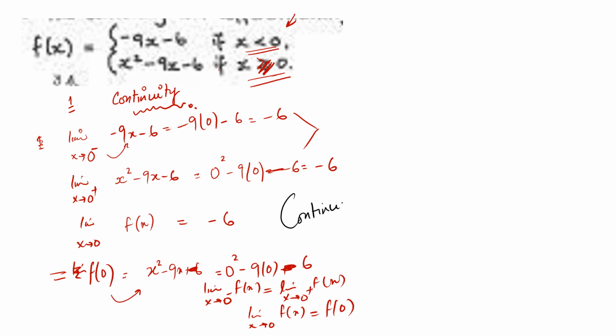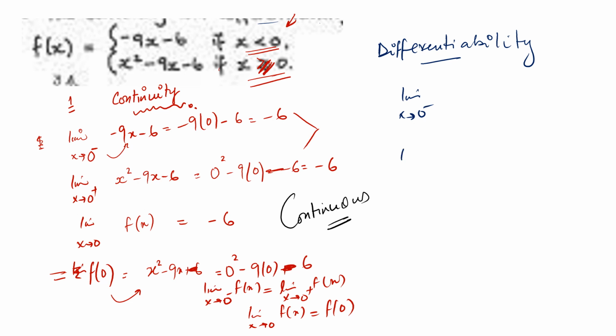Now, if the function is continuous, then of course I am ready to do the test of differentiability. In order to do the differentiability test, you take the derivative, that is, write the limit as x approaches 0 from the left side of the derivative of minus 9x minus 6.